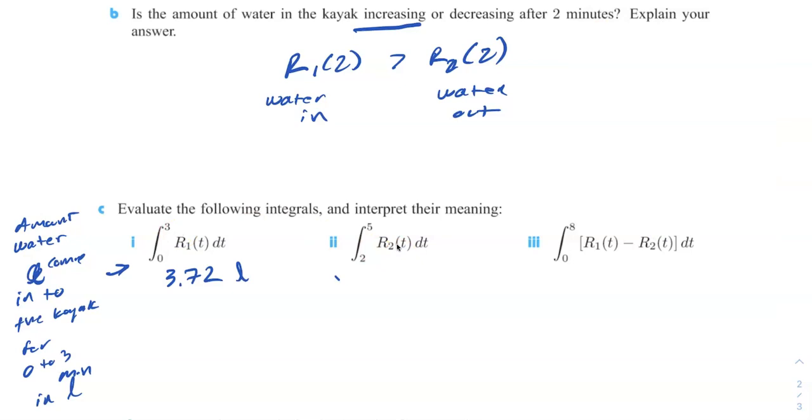R2, right? This is water coming out of the kayak. So that's just its amount of water from 2 to 5.